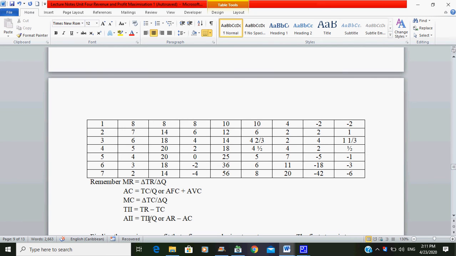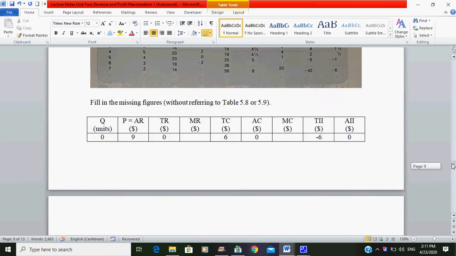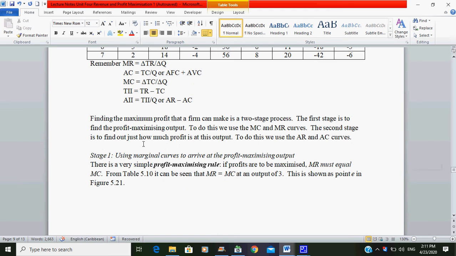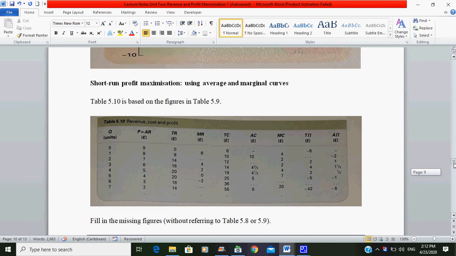But in this case, we're going to use total profit divided by quantity. Look at it both ways.